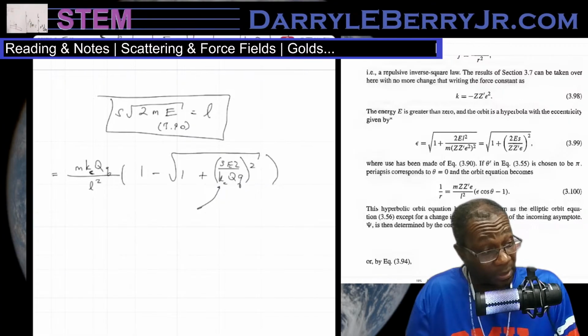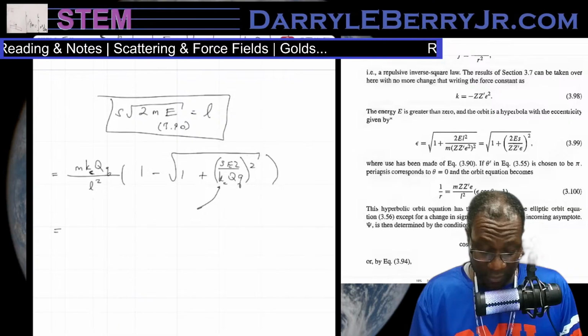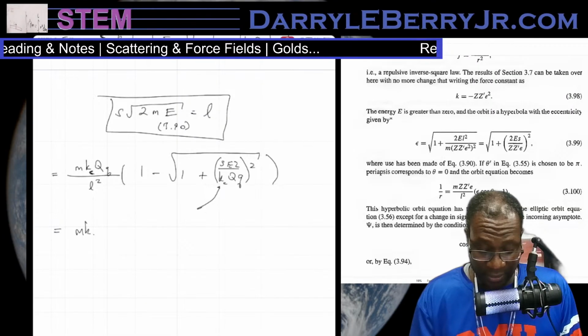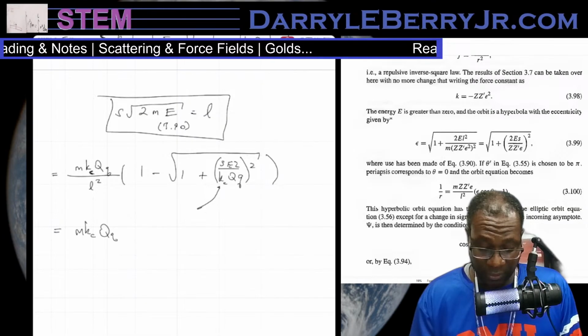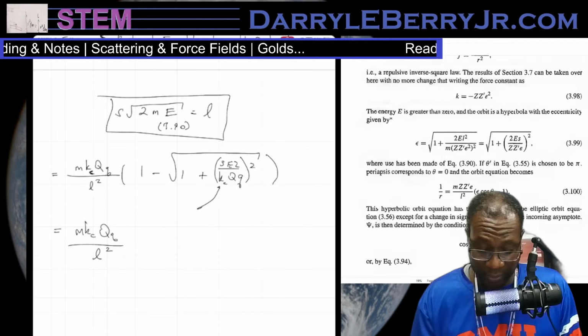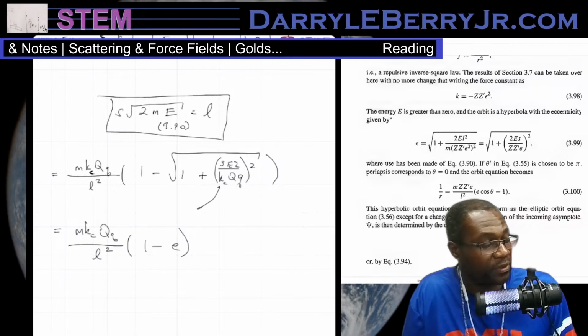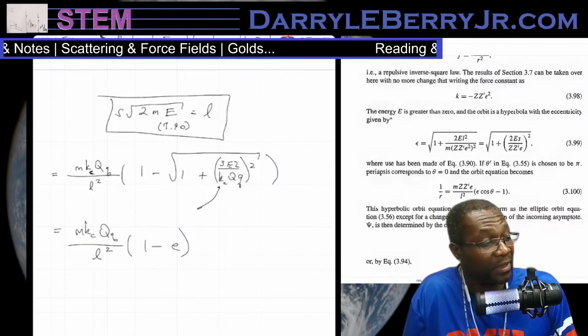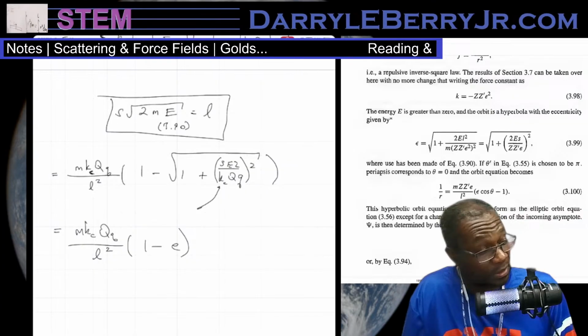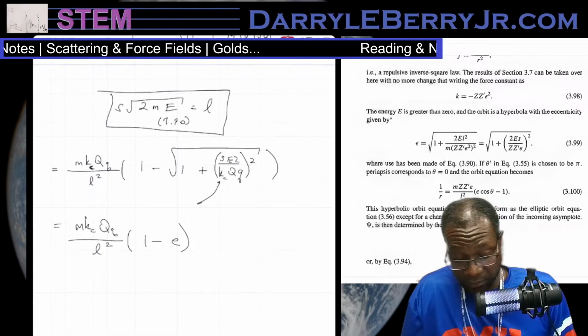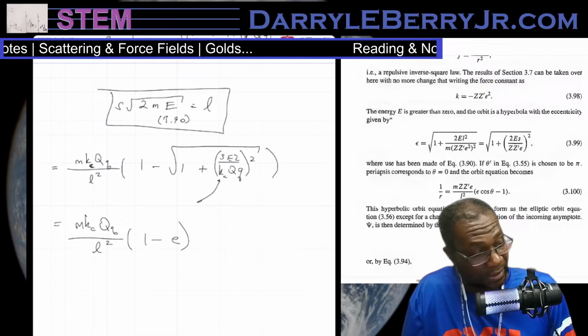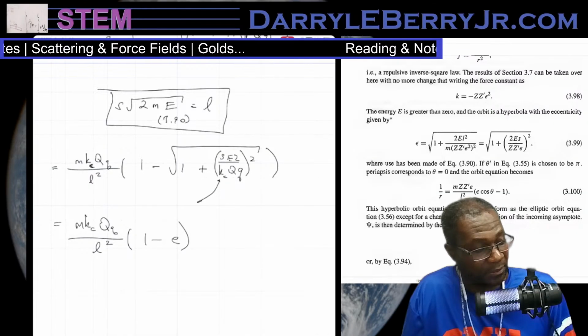So what I'm seeing though is m k_c Q over L squared, 1 minus the eccentricity. I'm not going to use the E for eccentricity since I'm not using the E for the charge. So how do they get, oh, hold up, never mind.